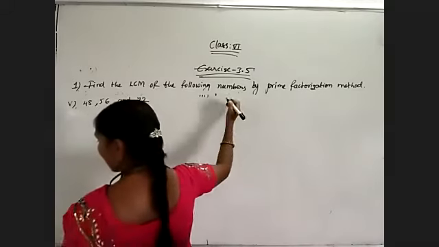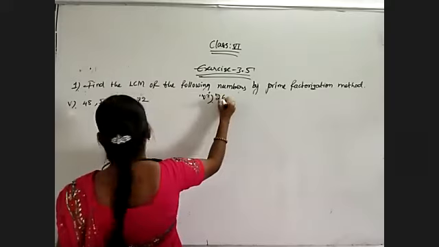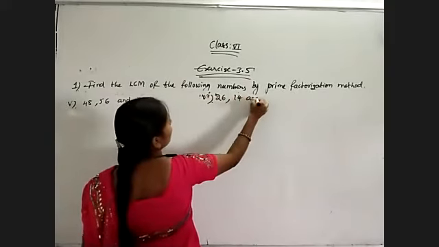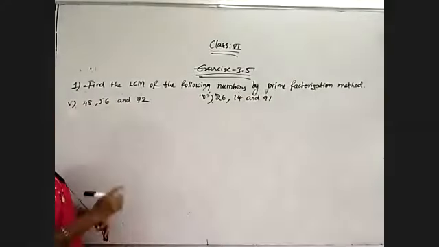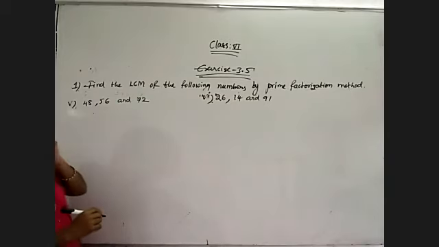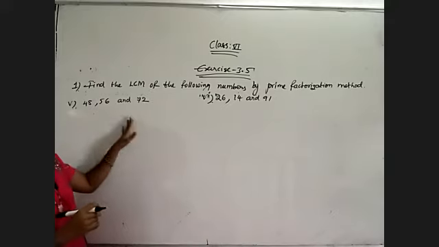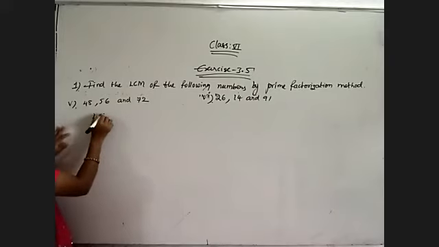And my sixth problem is 26, 14 and 91. Like this I have different questions which have three numbers. How do I find them using the prime factorization method? Simple. Instead of two numbers, we need to calculate for three numbers. That's all. So take 48 first.